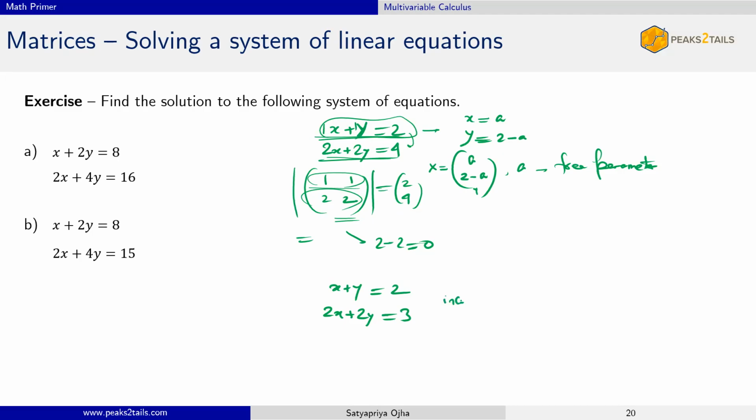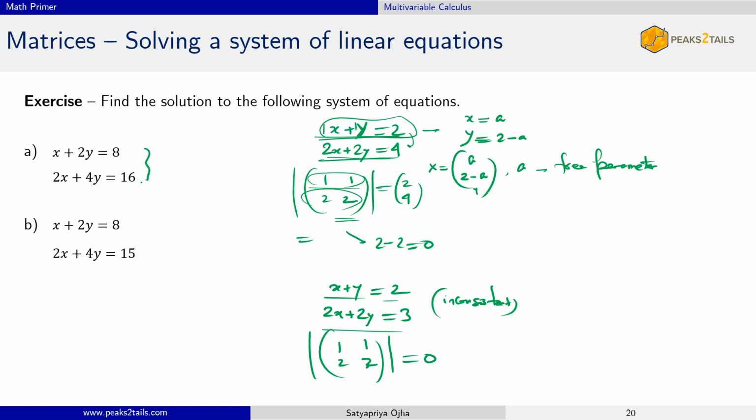Inconsistent, exactly. You can clearly see these are violating each other, right? Yeah, there will be no solutions. And the determinant is still 0. 1, 1, 2, 2 is the other case, okay? The determinant is still 0, but the system is inconsistent.